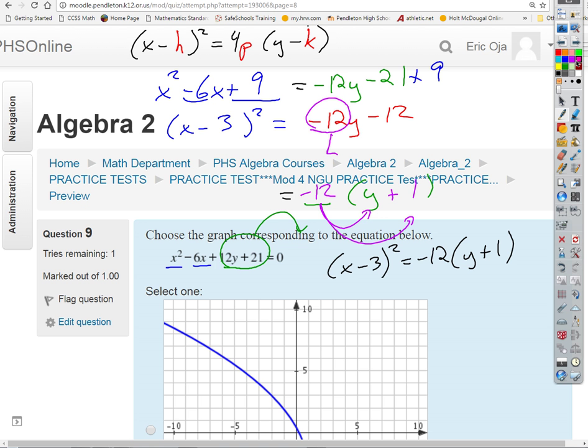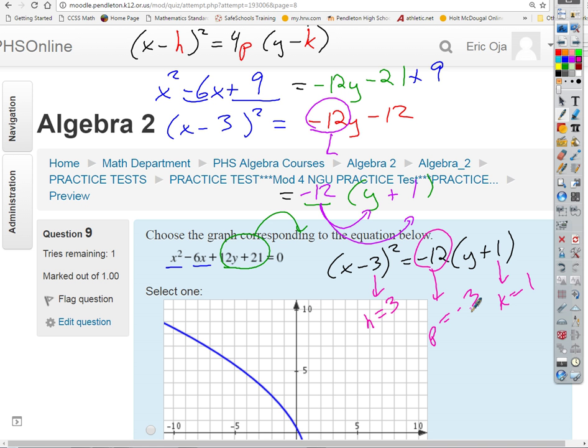So let's summarize. You already told me this is telling me that h is 3. What does this tell me right here? That what equals -1? K equals -1. Good. What is this telling me? That P is -3, right? Because that's 4p, so I got to divide that number by 4, and p equals -3.